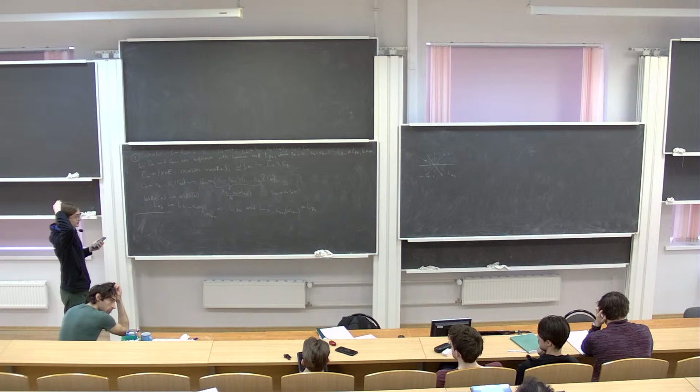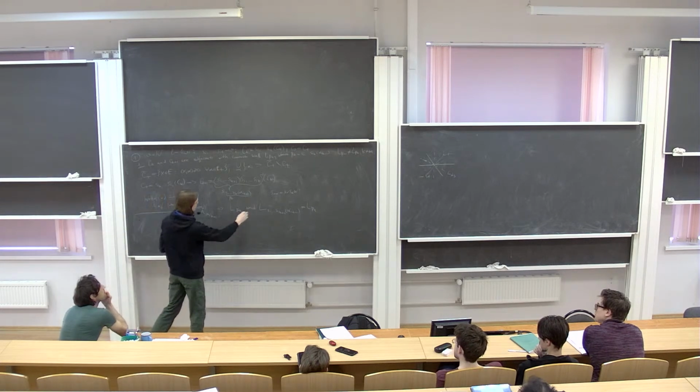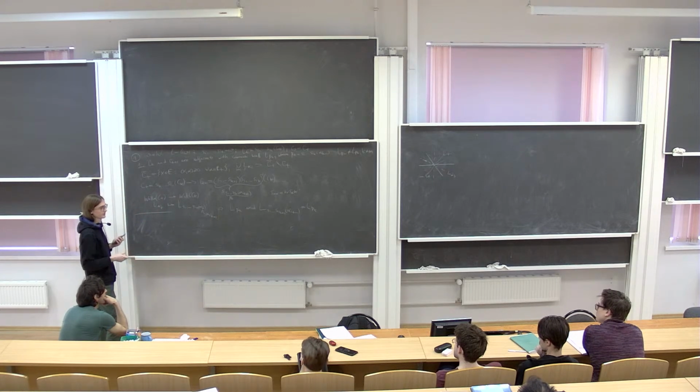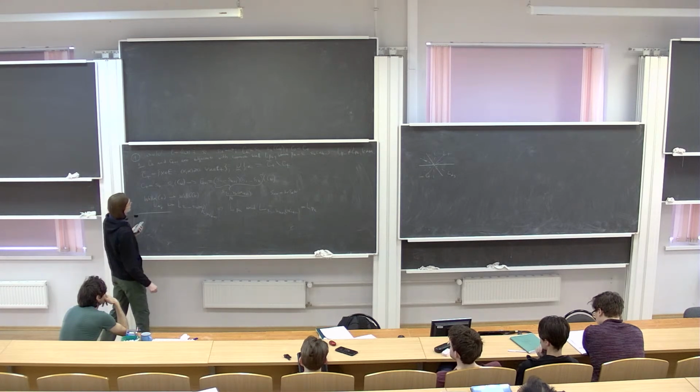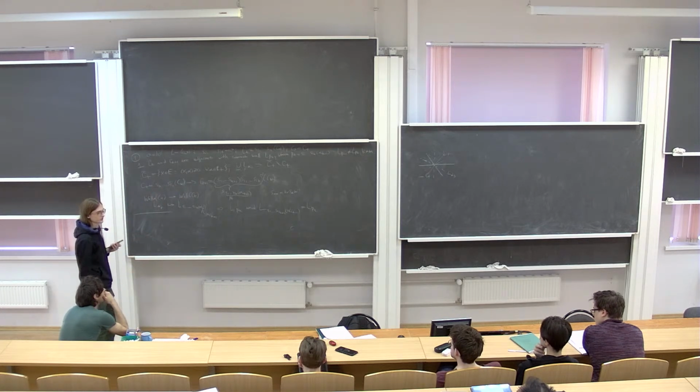Then you also know that if you act by some element of the Weyl group on some wall, you'll get a wall, because it acts transitively on the chambers and is continuous. But probably they could lie in different parts of these hyperplanes. So I had to check that this is exactly the same part of it. Yes, but how did you use the first? I used that they have to give me something non-negative in its image.